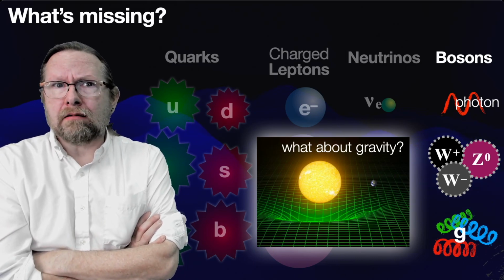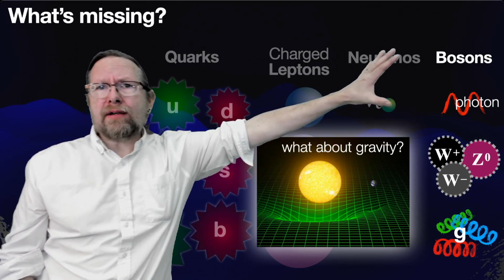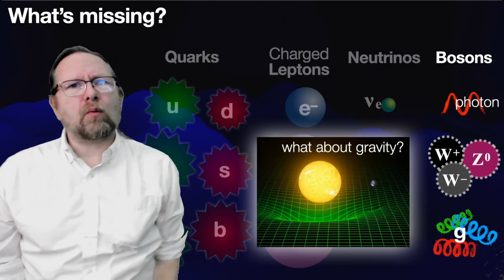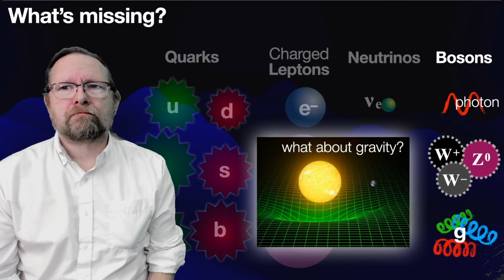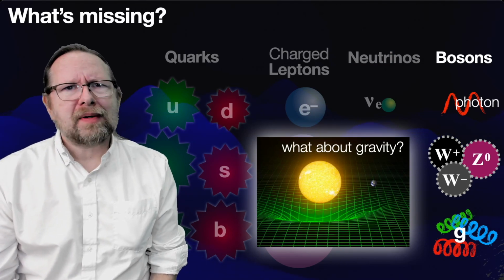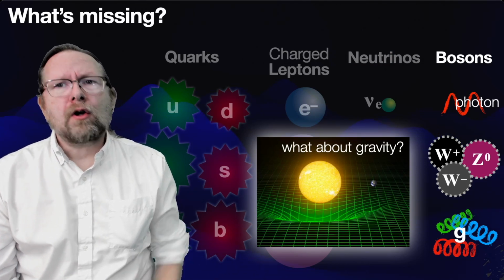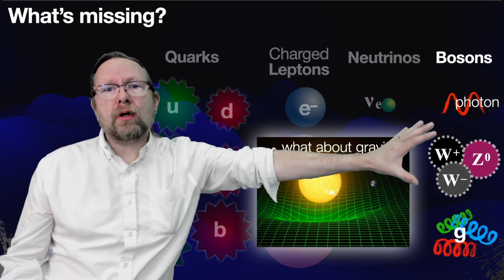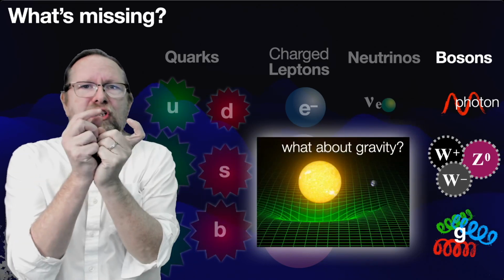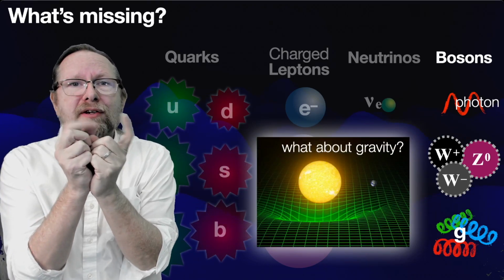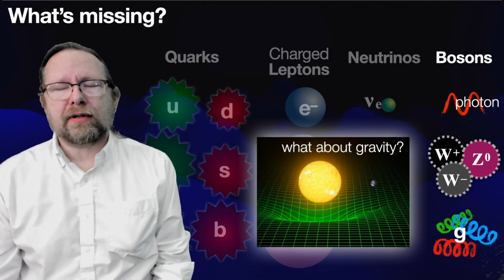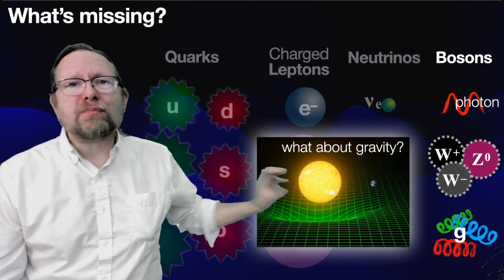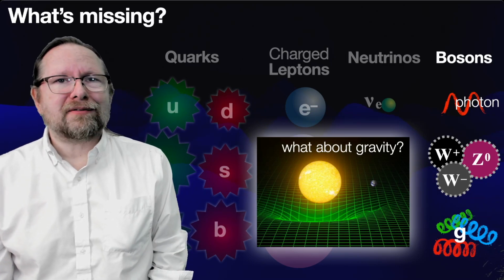What does that mean? Does that mean there are three forces in nature that work one way and one force that works completely differently? Maybe. Or maybe not. Just like we can view these forces as an exchange of the smallest piece of energy you can have in the electromagnetic field or the QCD field, maybe there's a smallest amount of gravity you can have.